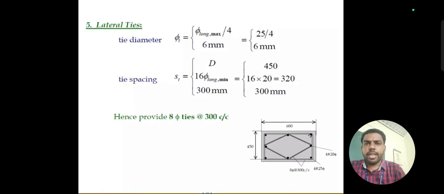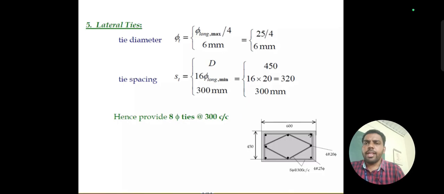After that, the transverse reinforcement, that is called lateral ties. For these lateral ties, I have to find out the diameter of the tie and the spacing between the ties. For the diameter of the tie, two criteria: diameter of the bar by 4 or 6 mm, whichever is greater should be considered.